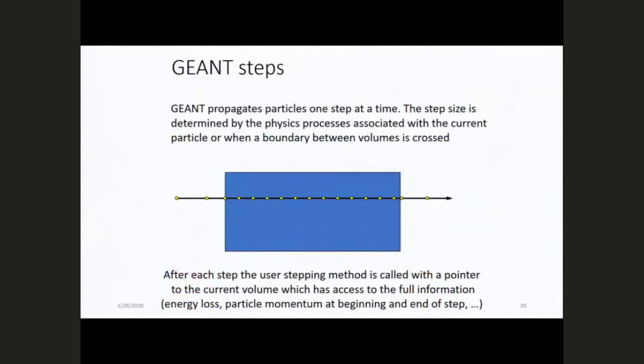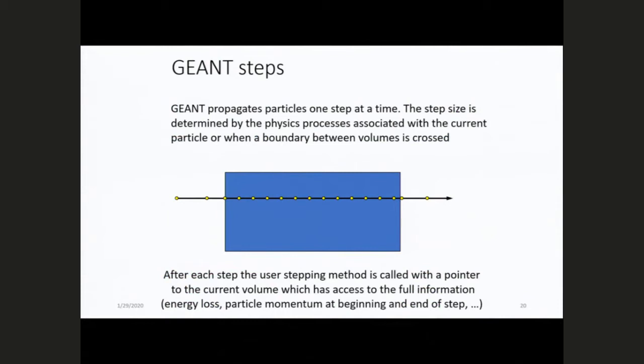A little word on G4. What your code gets is a so-called G4 step, which basically propagates the particle until something happens. It could be a decay, an interaction, a volume boundary, or a volume entry.